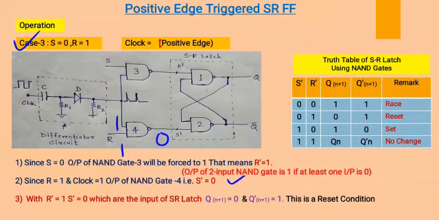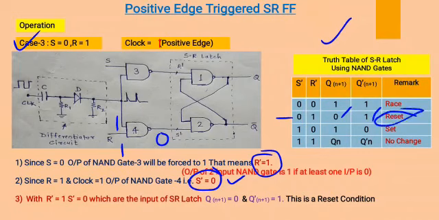Now the inputs to the SR latch are R dash and S dash. For this case, R dash is 1 and S dash is 0. So if we observe this truth table, this is the case where R dash is 1 and S dash is 0. At that time Qn plus 1, that is the next state, will go 0 and its complement will become 1, meaning the output gets reset.